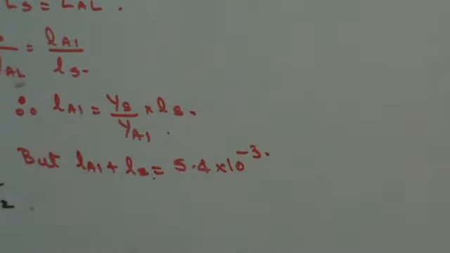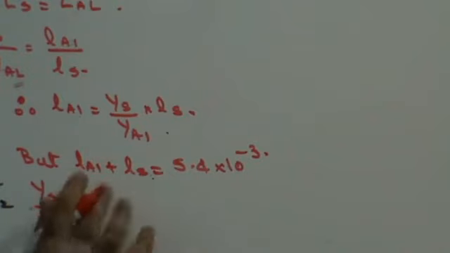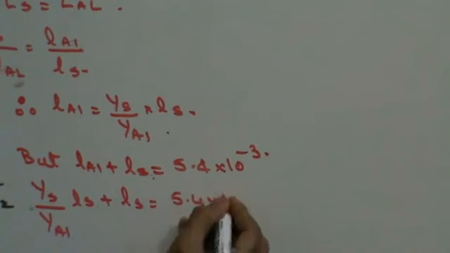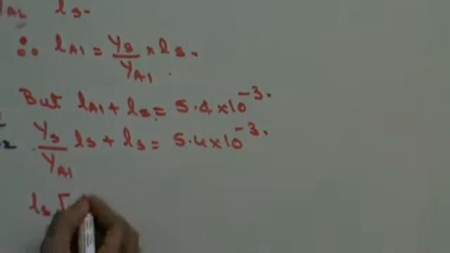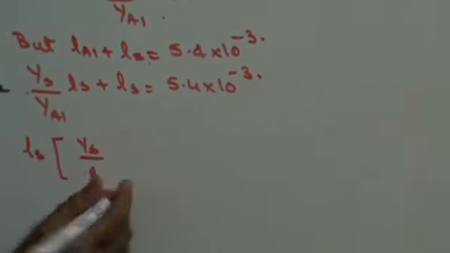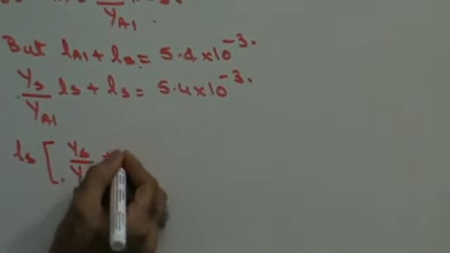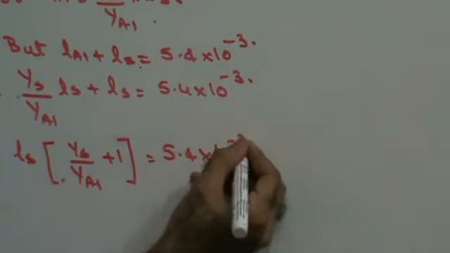Now, extension of aluminium can be substituted as Young's modulus of steel upon Young's modulus of aluminium into extension of steel, plus extension of steel is 5.4 into 10 raised to minus 3. Now, here you could take the extension of steel common, so you get YS upon YAL plus 1 is 5.4 into 10 raised to minus 3.